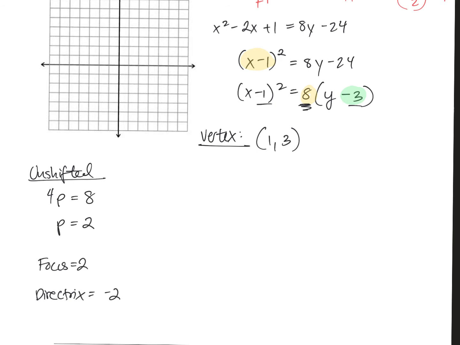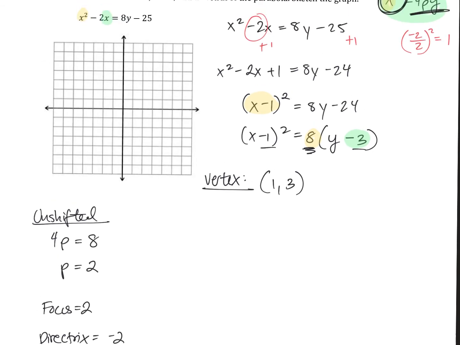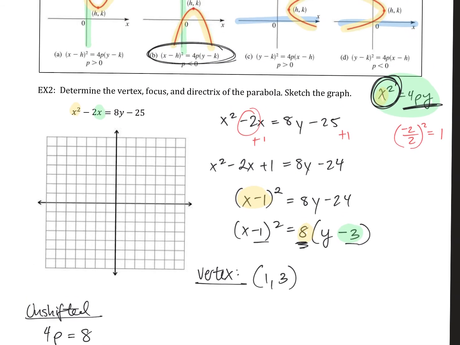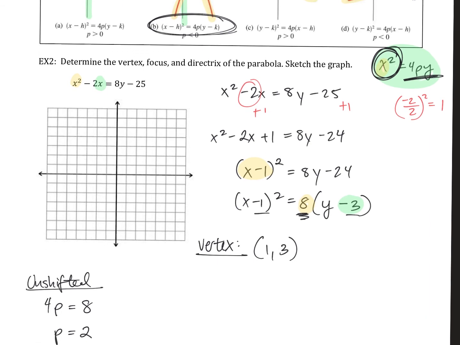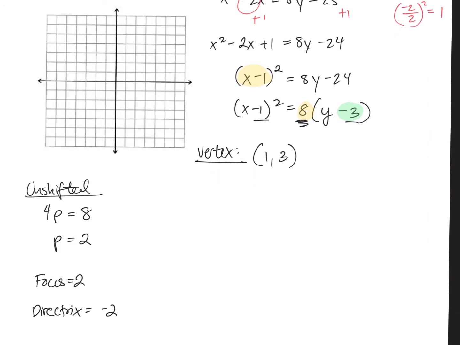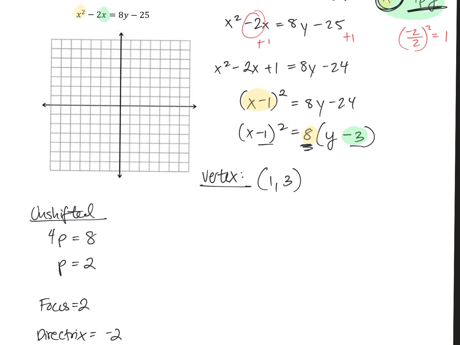Now these are the unshifted values. So I want to find the shifted ones. Well, how is our parabola being shifted? We should have stated that a little earlier, but let's see. We have that minus 3, so we have right 1 unit, which comes from right there.